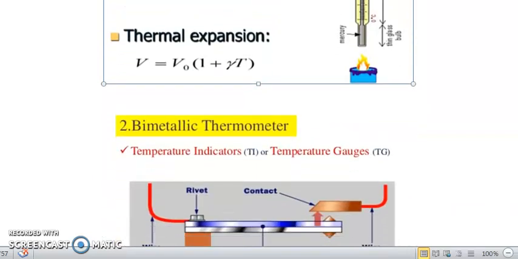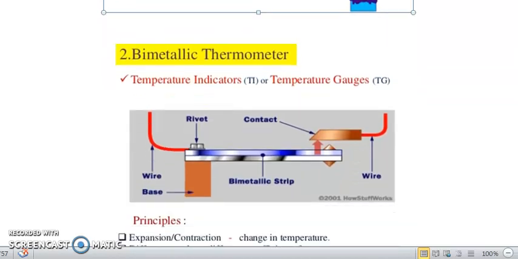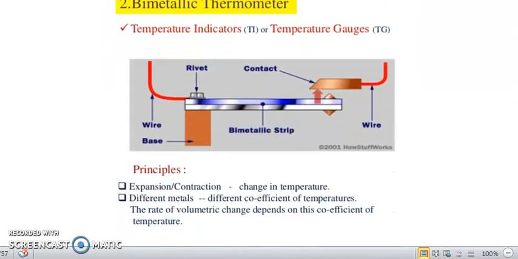Second is the bimetallic thermometer, which has two strips of two different metals, both of the same dimensions. Here the construction is shown in the diagram, and we have already studied how it works.